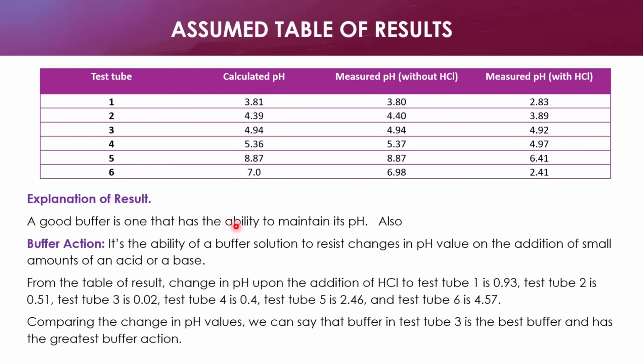The change in pH value is just the difference between the measured pH without HCl and the measured pH with HCl. Comparing the change in pH values, we can say that the buffer in test tube 3 is the best buffer and has the greatest buffer action.